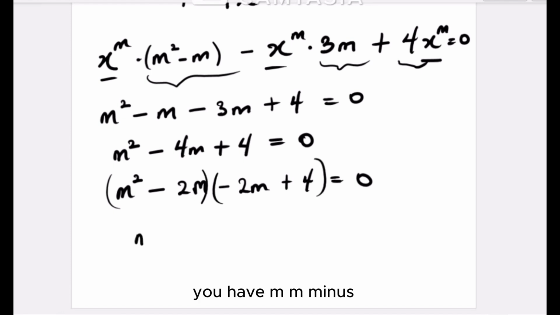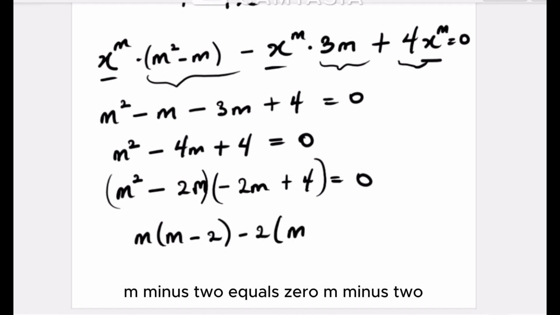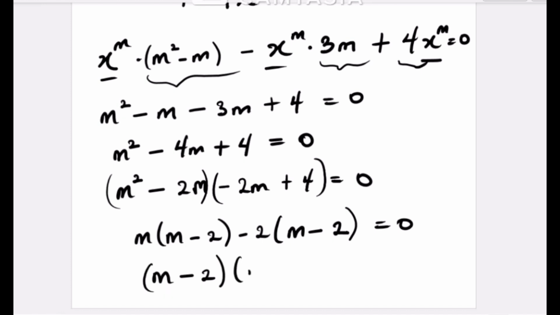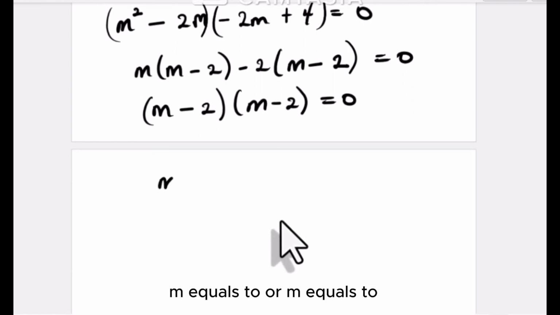You have m times m minus 2, minus 2 times m minus 2 equals 0. So m minus 2 equals 0. M equals 2, or m equals 2.